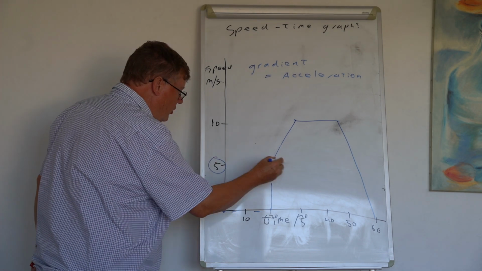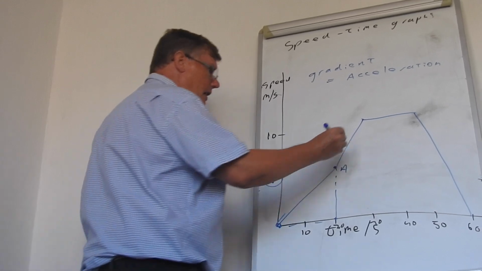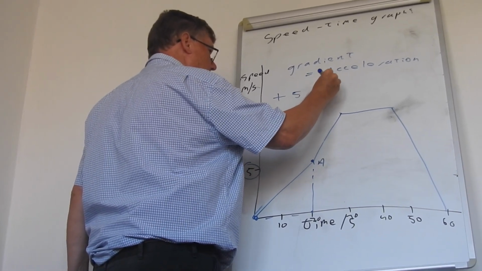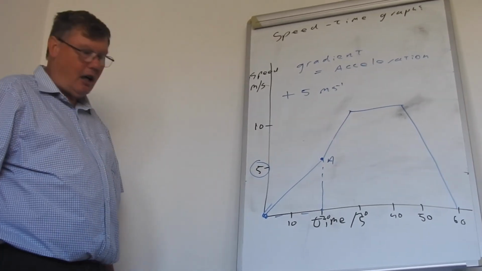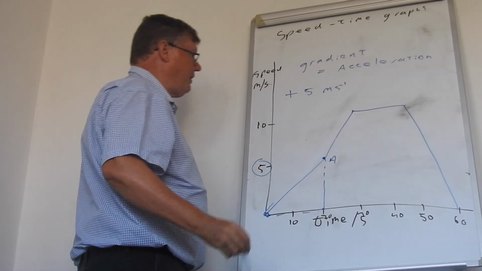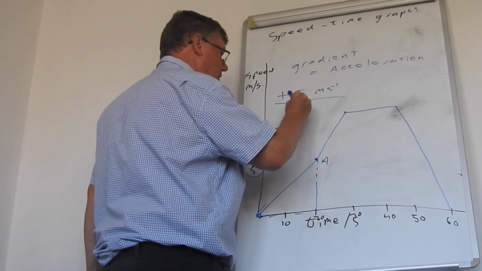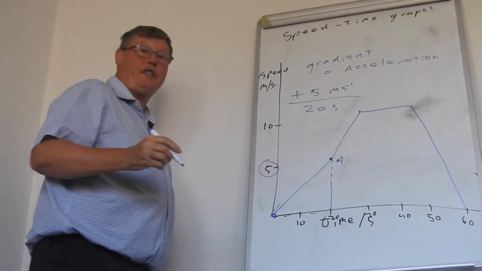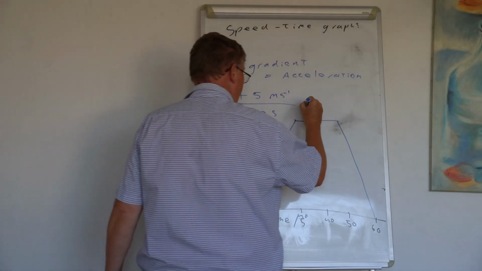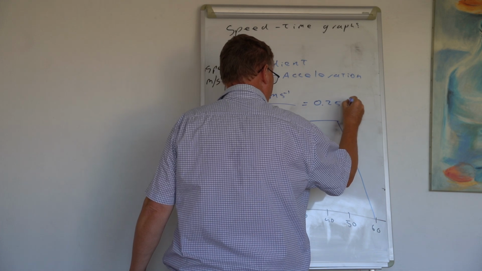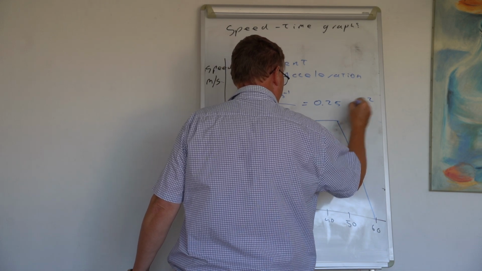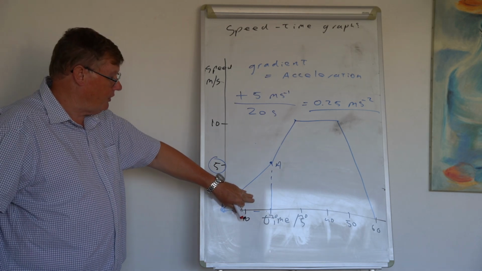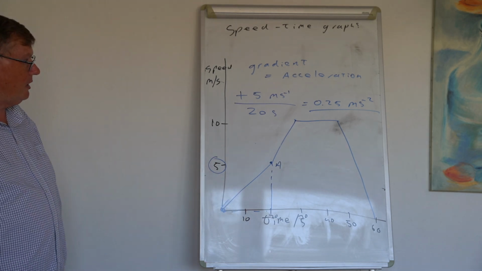The change in speed is plus 5 meters per second, and the time taken was 20 seconds. 5 divided by 20 is a quarter. So the answer is 0.25 m s to the minus 2. The acceleration during this first 20 seconds is 0.25 meters per second squared.